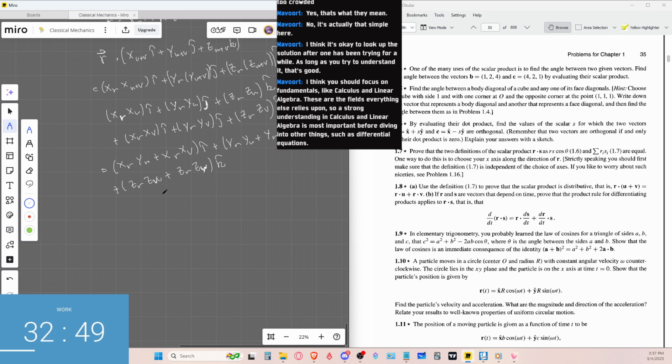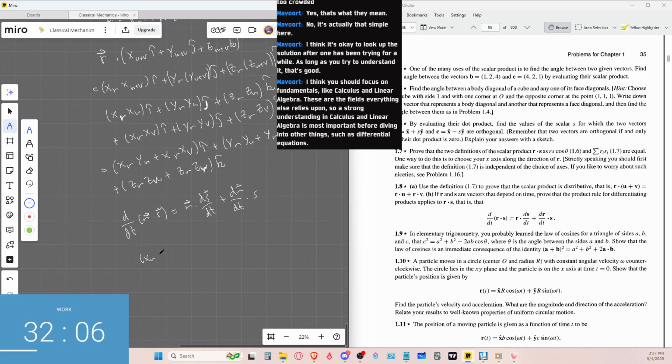If r and s are vectors that depend on time, prove that the product rule for differentiation products applies to the dot product. Oh, okay. So we need to prove that this is equivalent to the product rule. Okay, so let's see what happens.